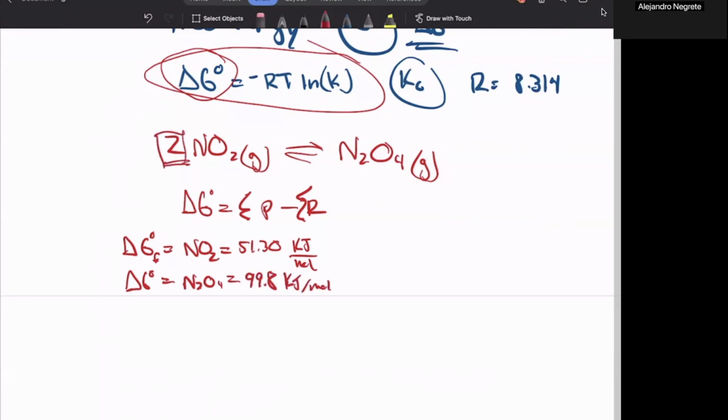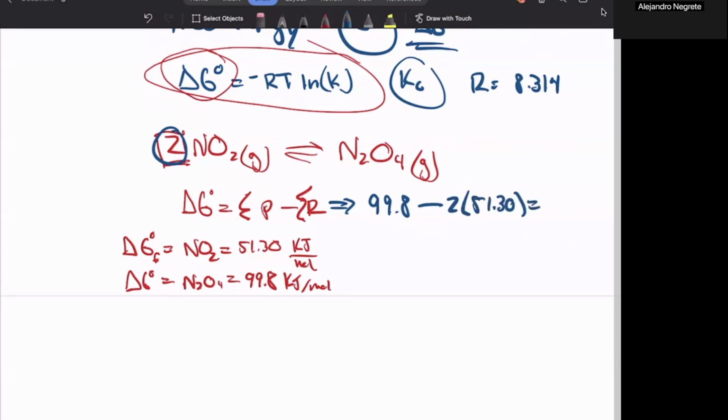Keep in mind we have this here. As we're determining the sum of the products, our product is going to be 99.8 minus 2 times 51.30. So we learned this in chapter 12.